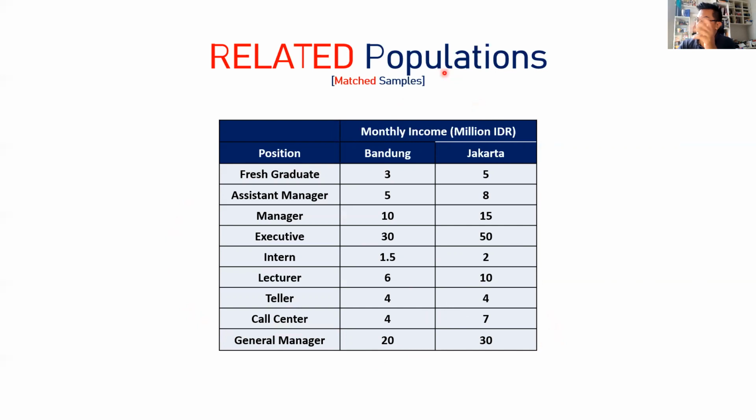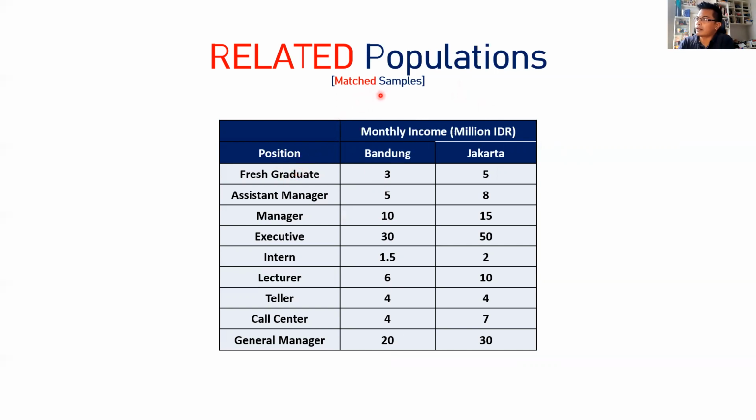By using this method, we can see, quote unquote, an apple to apple comparison between the populations in Bandung and Jakarta in a more precise manner, because we matched the data points based on similar characteristics.